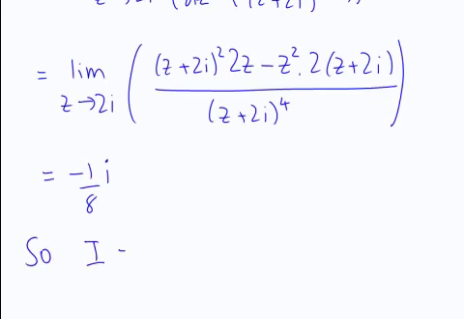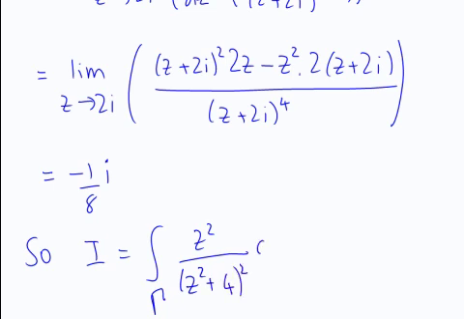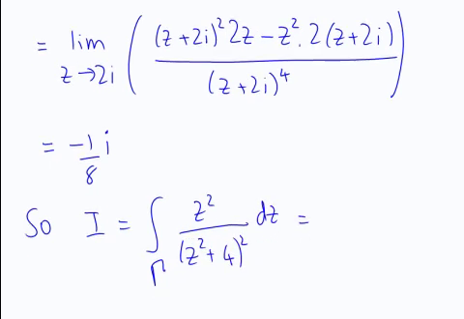So I, which is the sum over the whole of gamma of my f of z, the integral of that dz, if you remember what that is, by the residue theorem it's 2 pi i multiplied by the sum of the residues of all the poles that are inside my contour.